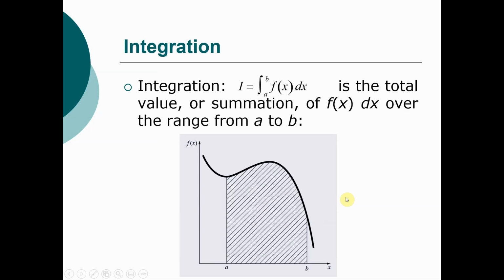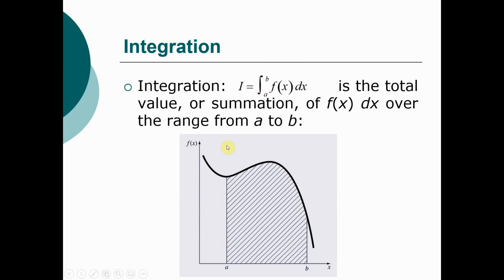So if we want to solve this integral, it's a definite integral, where we're taking the integral of this function from point A to point B. This integral represents the area below the curve, right? So we basically want to find this area.